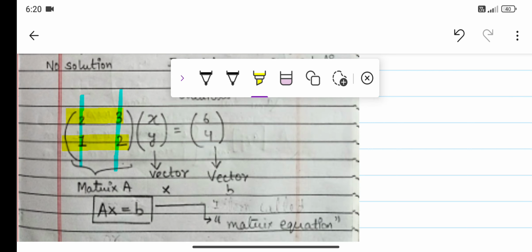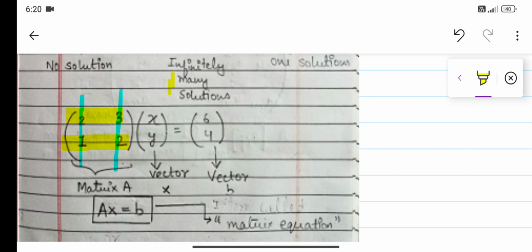So a matrix is nothing but an array of numbers. Here I have my array of numbers consisting of the coefficients of my equations. 2 and 3 are the coefficients of x and y respectively in the first equation, and 1 and 2 are the coefficients of x and y respectively in the second equation. And I call such a collection of numbers a matrix.